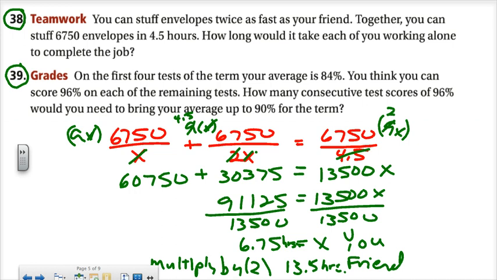And the question wanted to know, because I scrolled up too far here, how long would it take each of you working alone to complete the job? So we have exactly what we need there. It would take you 6.75 hours, and it would take your friend 13.5 hours.